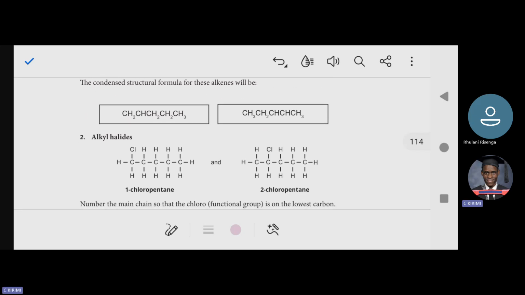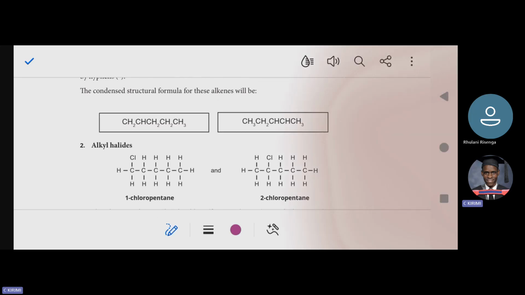Then we have the halide, alkyl halides, where we are adding group 7 elements. So you have to tell us the position of that halide. For number 2, the position is at carbon number 1. Then for the second one, which is on the right, it's at carbon number 2. So the name will change, yes. So first you start with the position of the group 7 element, which is the halide group.